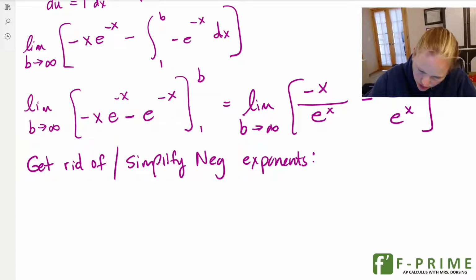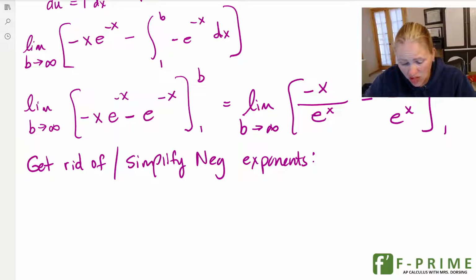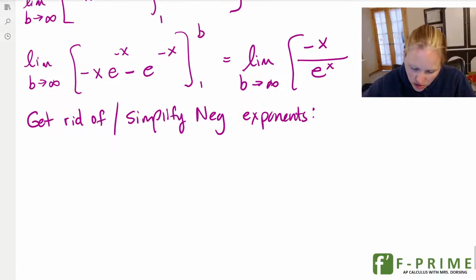Now the reason we do that is because we're going to be thinking about x approaching infinity in just a moment, and when it's in the bottom, it's very clear to see that especially that second term is going to go to 0. So here we go. We're going to plug some things in.